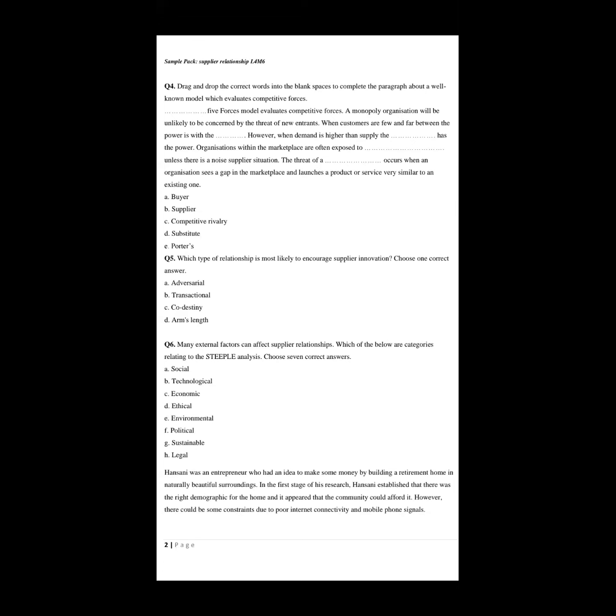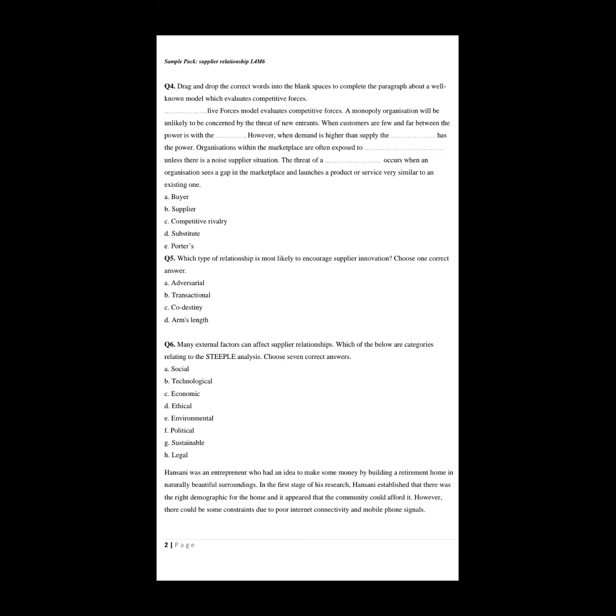Question 6. Many external factors can affect supply relationships. Which of the below are categories relating to the steeple analysis? Choose 7 correct answers. So what we do here is look at the ones that are not part of the steeple analysis.